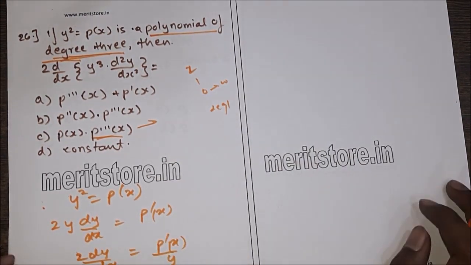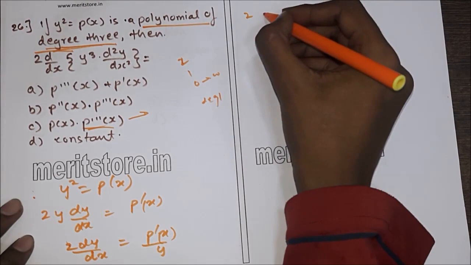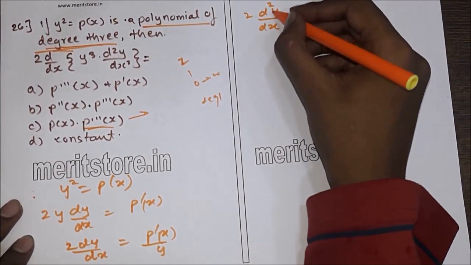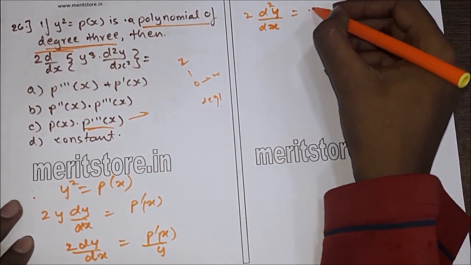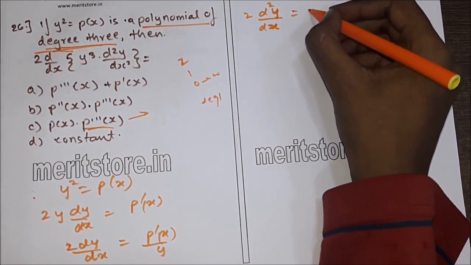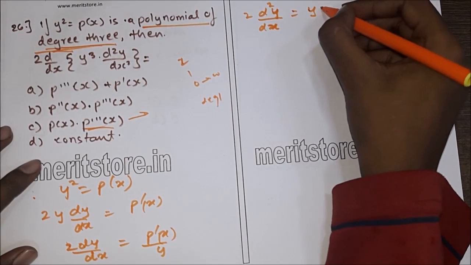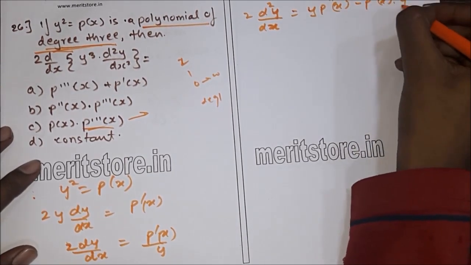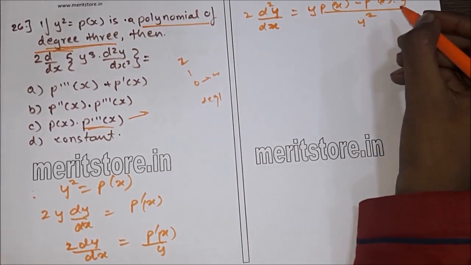We differentiate this again. We get 2 times the double derivative of y, into, this is in the form of u by v, so we get y into p double dash of x minus p dash of x into y dash, divided by y square.